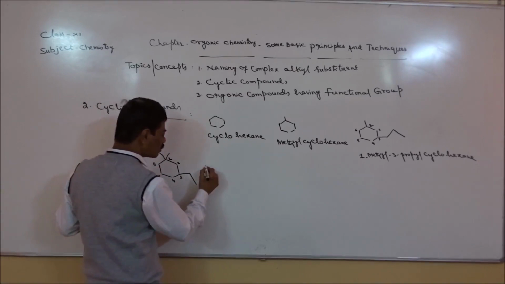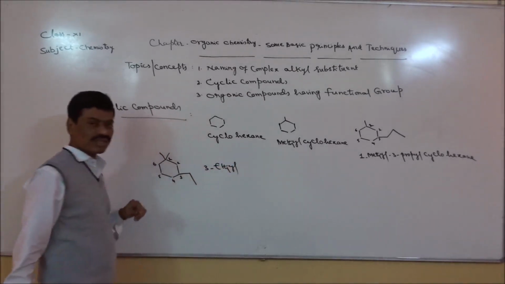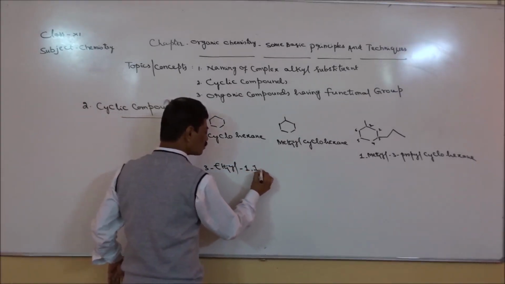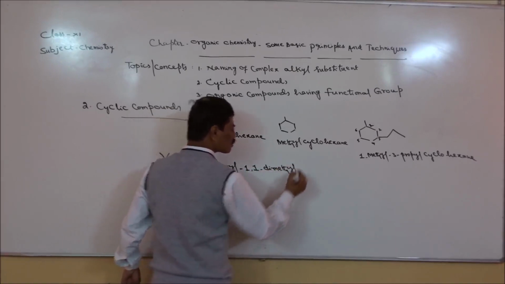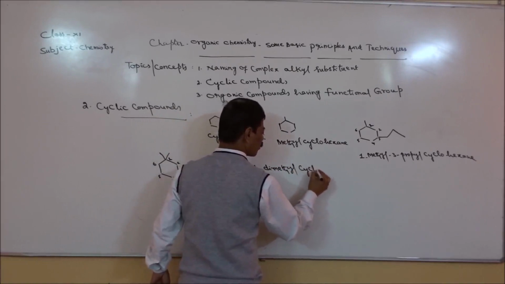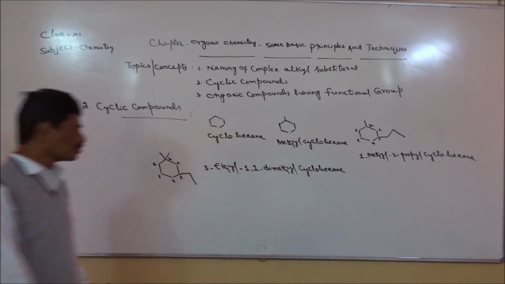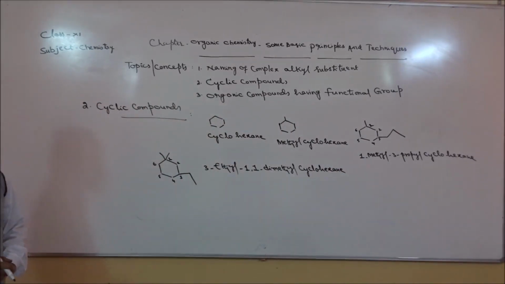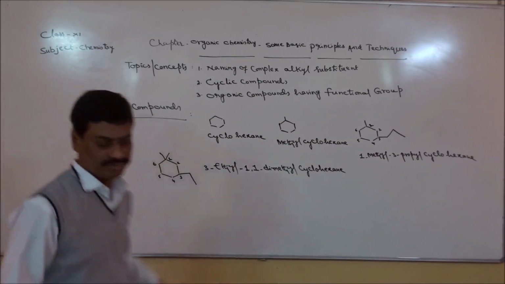So its name is 3-ethyl-1,1-dimethylcyclohexane. Right? That's how the cyclic compounds or the ring structures which do not contain pi bonds in them are named.